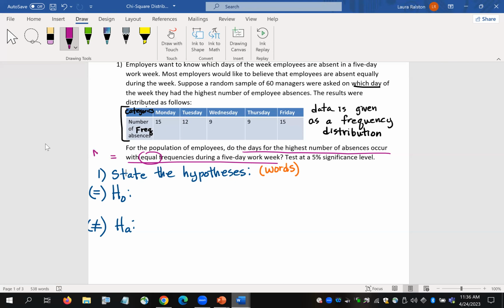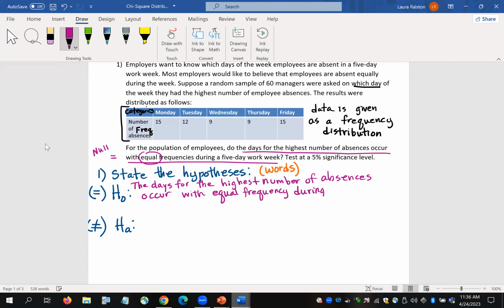and since that's equal, that has to be the null, and I can literally write that sentence: the days for the highest number of absences occur with equal frequency during a 5-day work week.